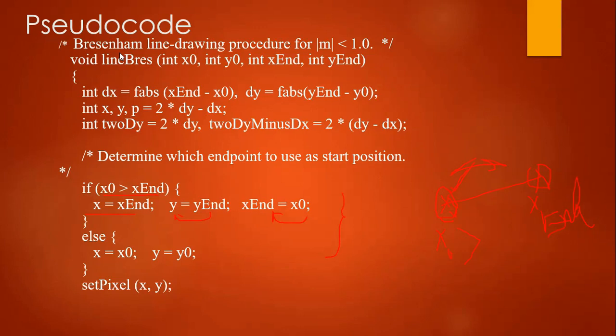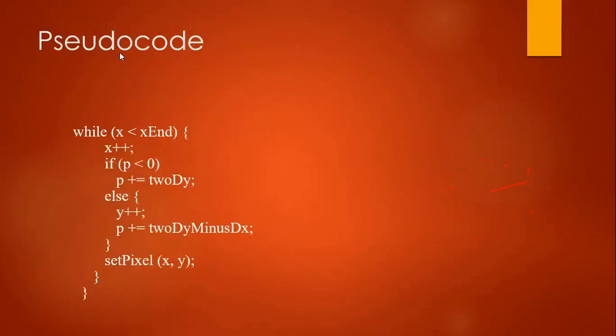Or else x is equal to x naught and y is equal to y naught. So this is a normal procedure. And then set pixel x comma y.